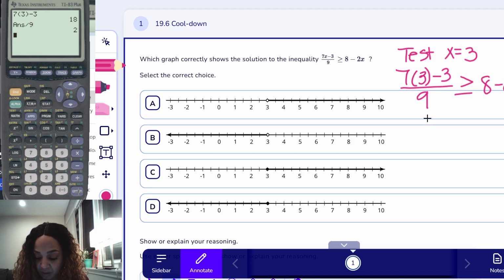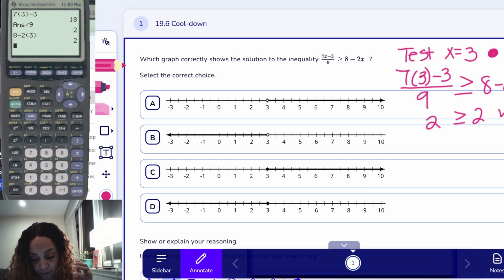So on the left-hand side of our inequality, we have the number 2, greater than or equal to 8 minus 2 times 3, which is 8 minus 6, the number 2. Is 2 greater than or equal to 2? Yes. So that means the number 3 will have a closed circle.